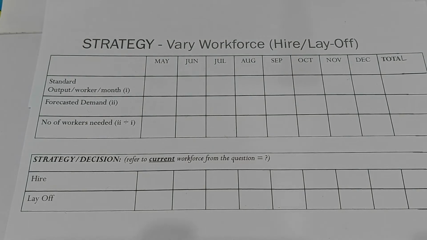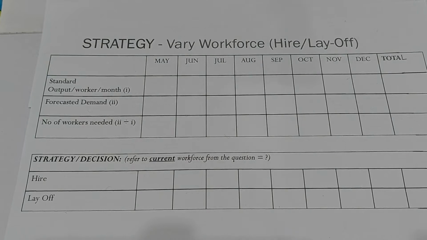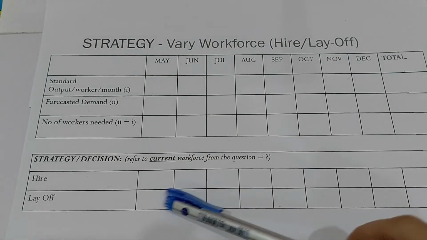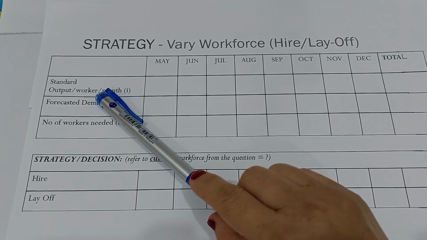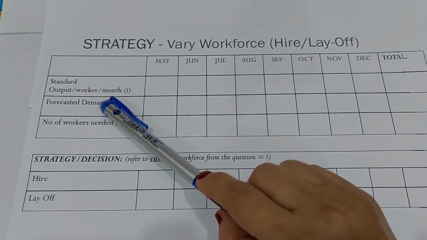Okay, so now I have prepared a template for variable force strategy. It is a very straightforward template like this. First thing that we have here is the standard output per worker.